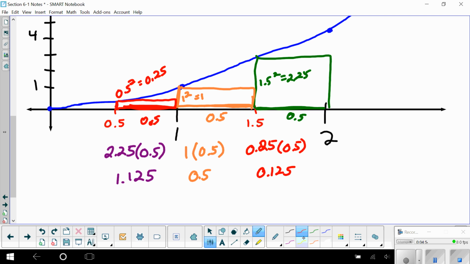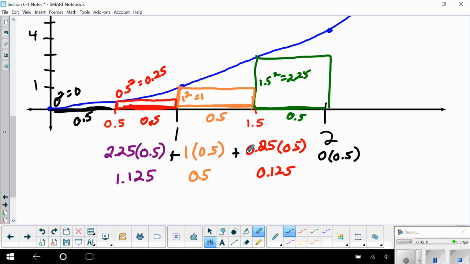And then finally, my last rectangle goes from 0 to 0.5, so it's still 0.5 wide. The left end, 0, I go up till I hit the curve, which is 0 squared, 0. So I have a rectangle with a height of 0, which I know sounds weird, but it does work for us. So a height of 0 times a width of 0.5.